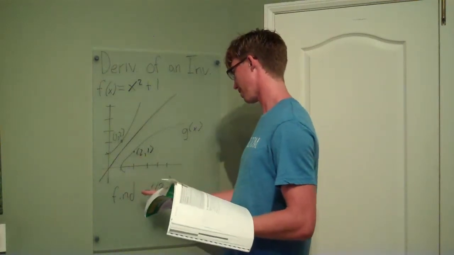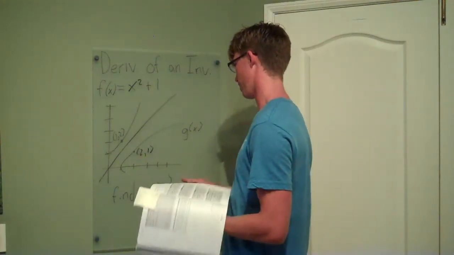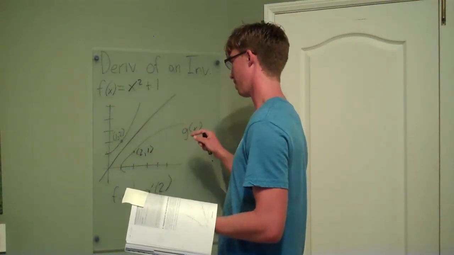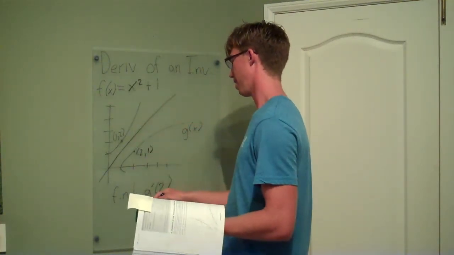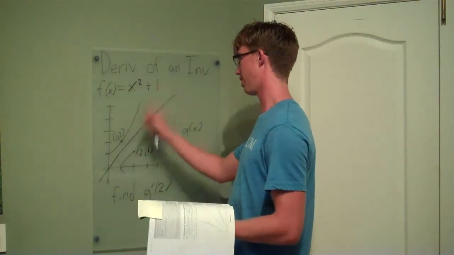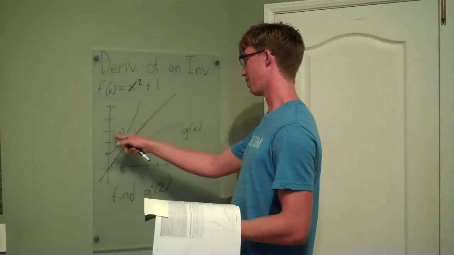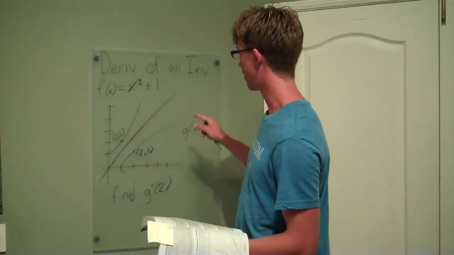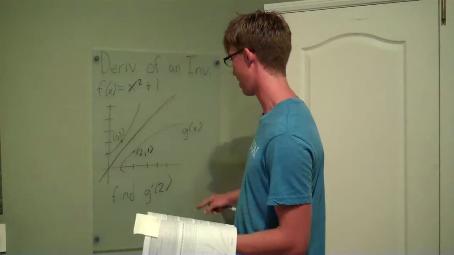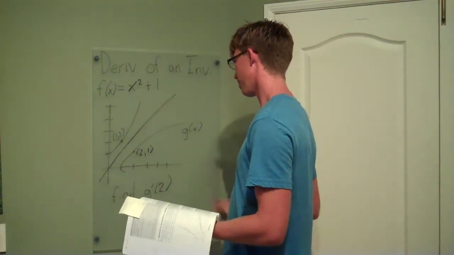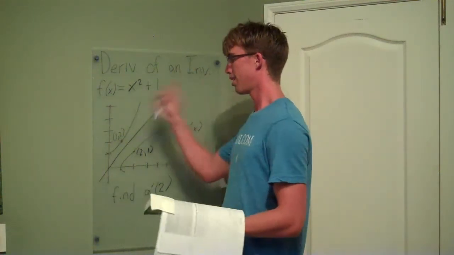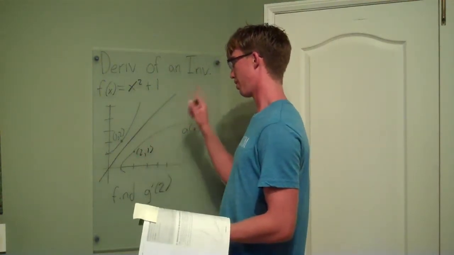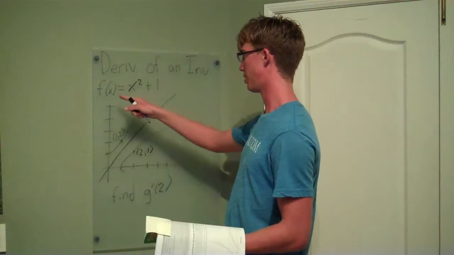And so to find the derivative of g at 2, you're going to have to find the x-coordinate of the corresponding point on f. And I know I put that it's 1 right here, but you wouldn't know that right away. And so what you have to do is you have to say, well, since you have x is equal to 2 on g, then the corresponding y will be equal to 2 on f.